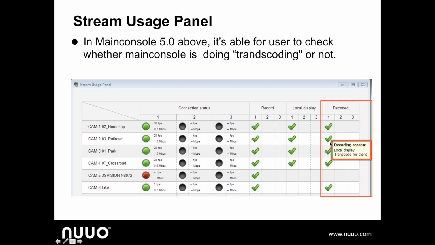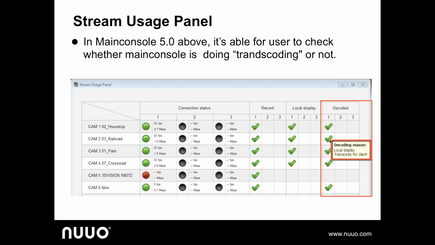If this PC is doing the decoding, then it might need to consume more CPU usage. As you can see, you can move your indicator to this channel, and it will show why this channel needs decoding. First, it shows that this channel is being locally displayed, and second, our main console is transcoding this channel for the client.